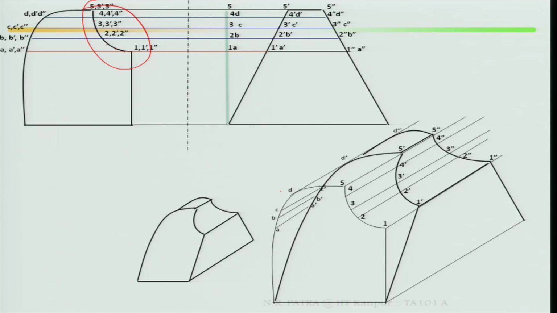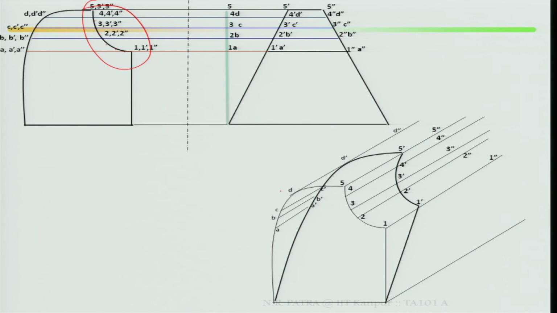Because already in the front face, if you look at here in the front face, I have marked 1 2 3 4 5. Similarly, A B C D, this is your 1, this is your 2, this is your 3, this is your 4, this is your 5. So, similarly, this is a 1, 2, 3, 4, 5.